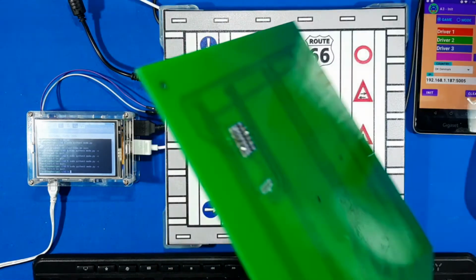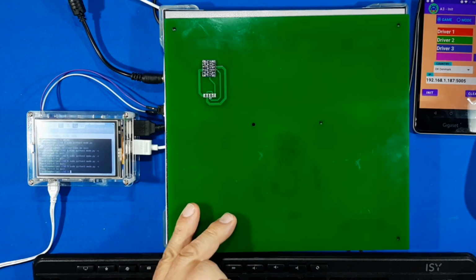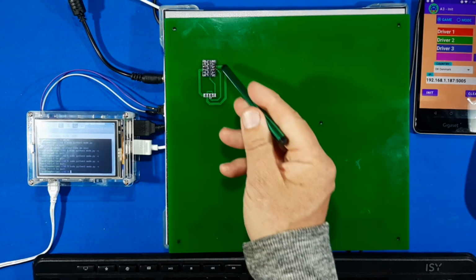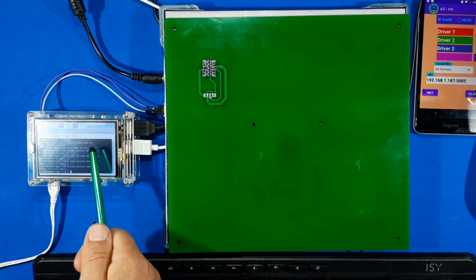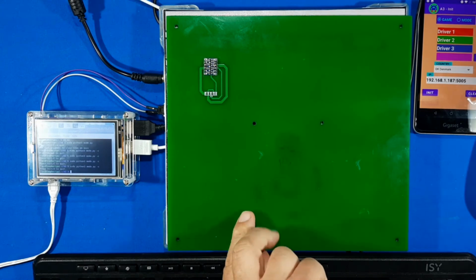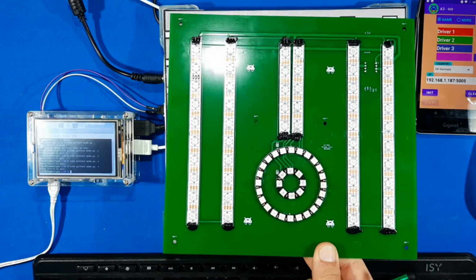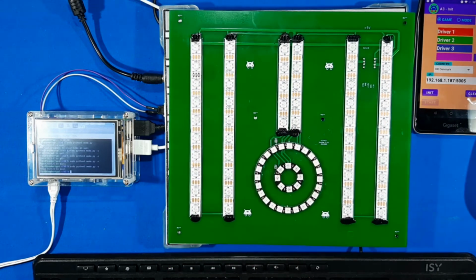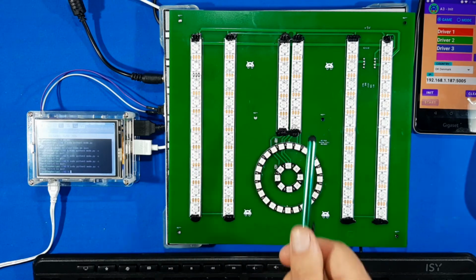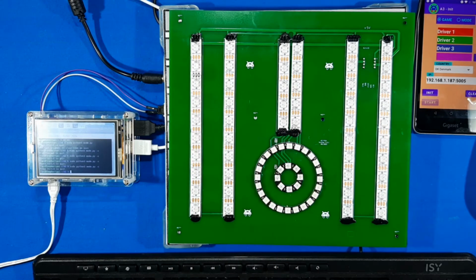Below is a level shifter to convert the 3.3 volts from the Raspberry Pi to the 5 volts of the Neopixel. There are isolators between the rows of Neopixels, and on top there's a canvas.